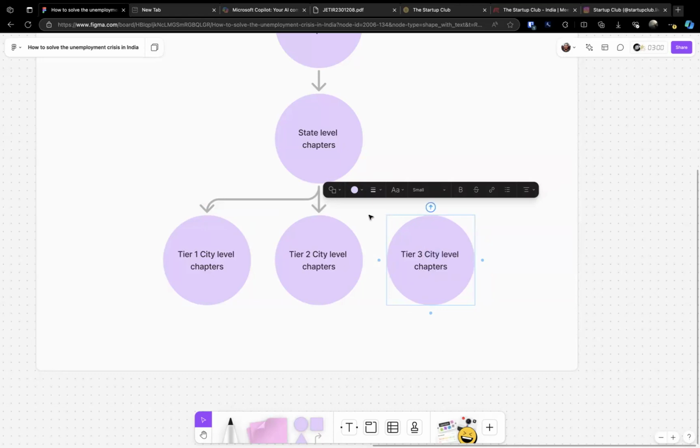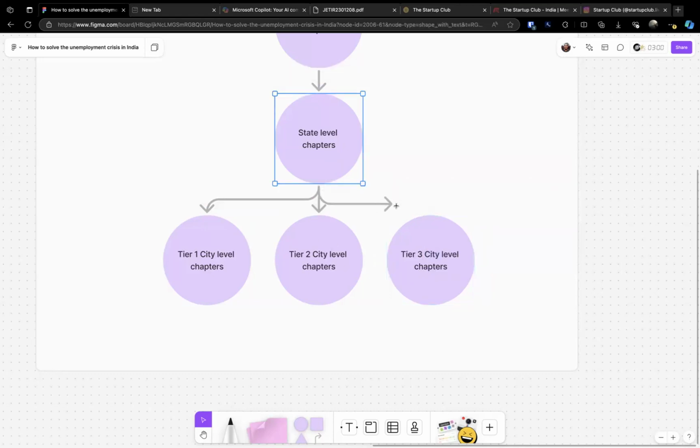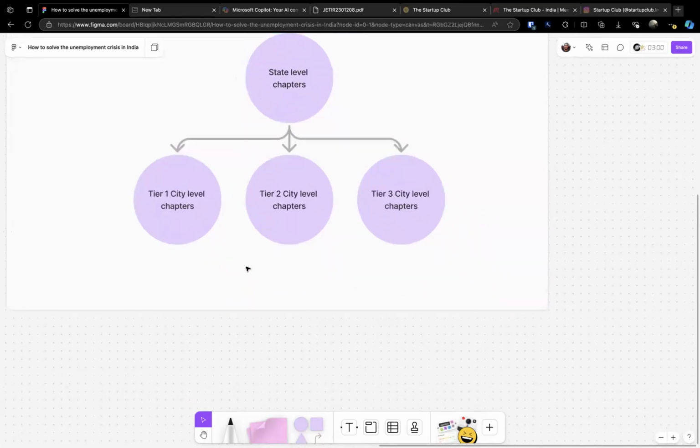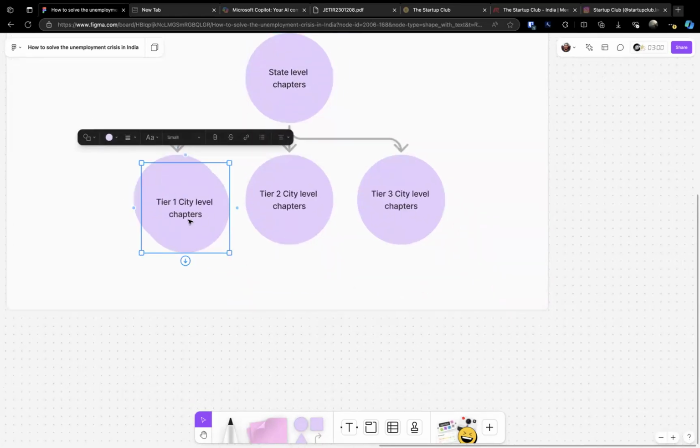And you have tier 3 city level chapters. And inside of this, you have maybe smaller communities.